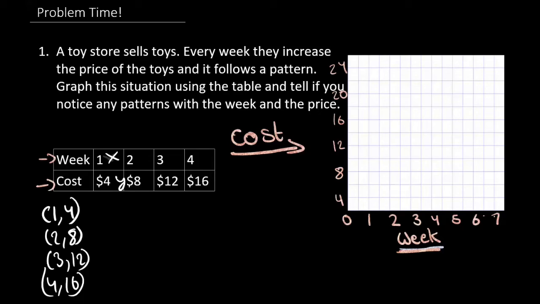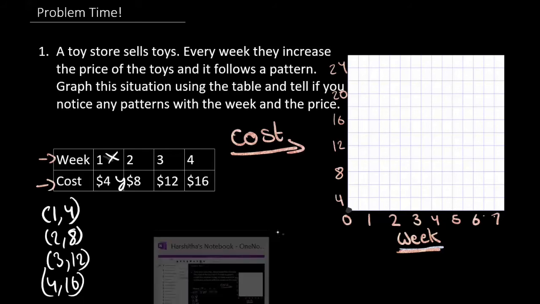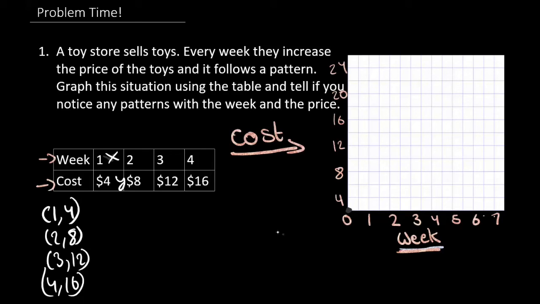So those are our ordered pairs. Now let's graph them. They all start off with 0 comma 0. And then it is 1 comma 4, which is right here, 2 comma 8, 3 comma 12, and then 4 comma 16.